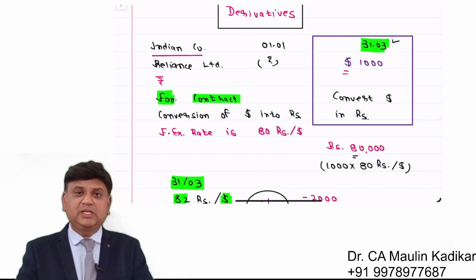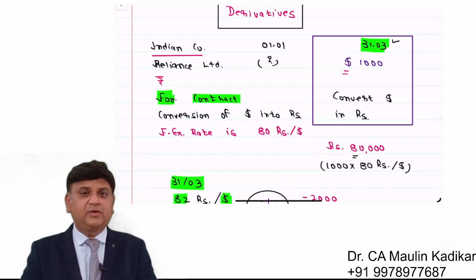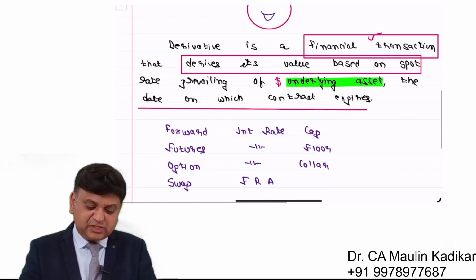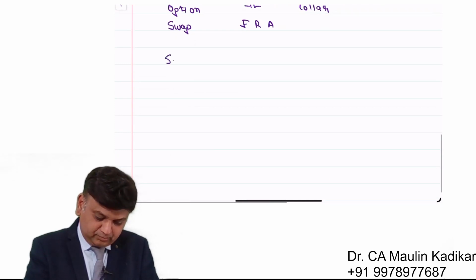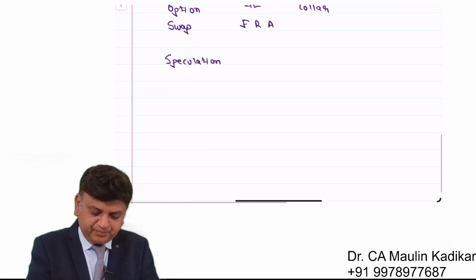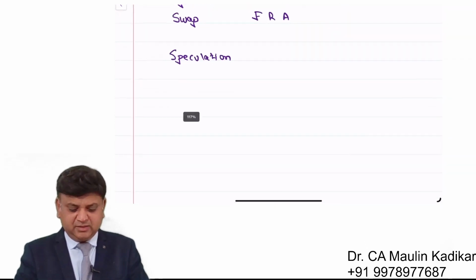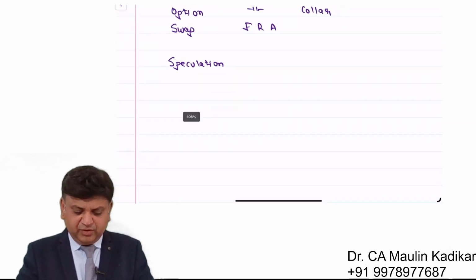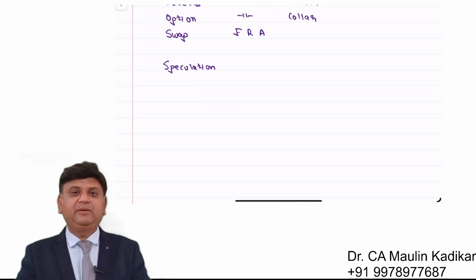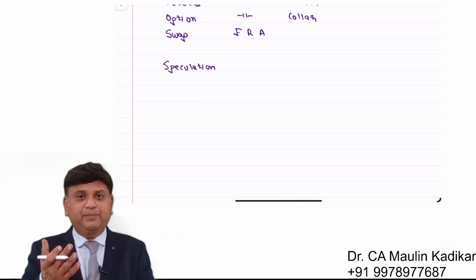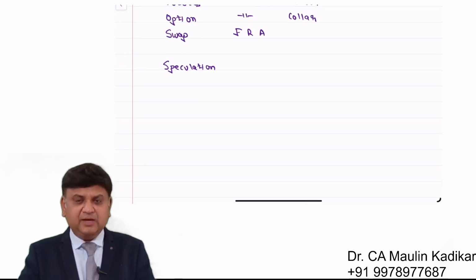Apart from reducing the risk, you may enter into the forward contract for the purpose of speculation. What do we understand with the term speculation? Let us say we feel that the Adani company price is going to go up, in a way that the Adani company is going to declare very good financial results in the coming quarter.